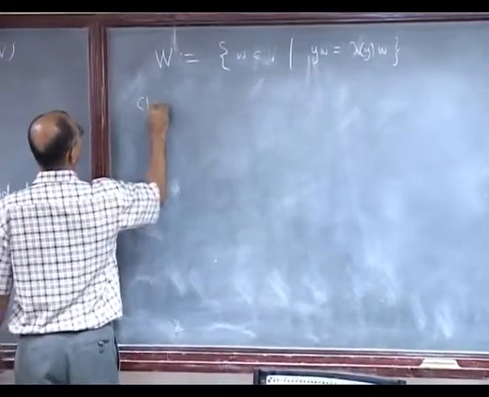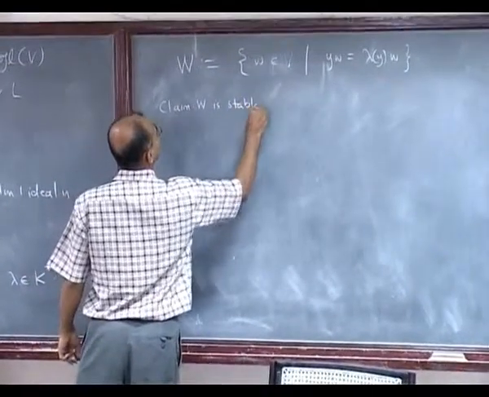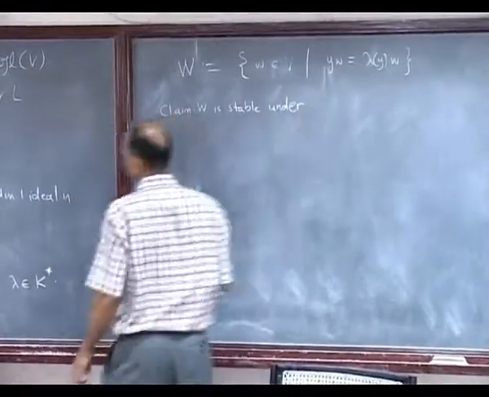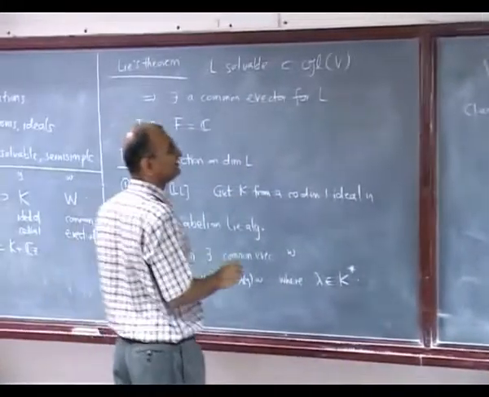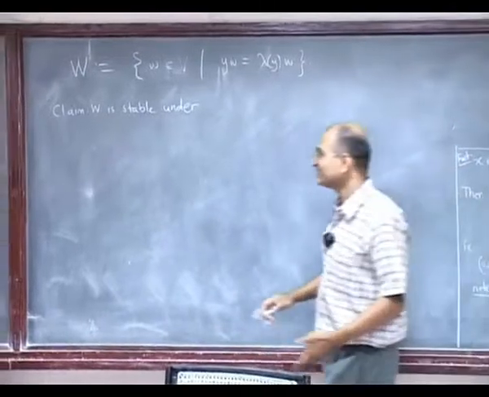So, claim: W is stable under what? Under L. It is already stable under K, right?